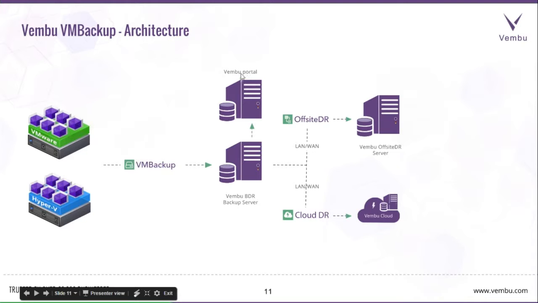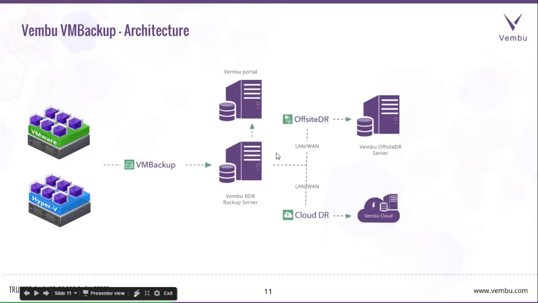And finally, we have something called the Vembu portal. It's nothing but the web interface. Once you register with the Vembu portal, from here you will be managing all the licenses, the assigning of the licenses, and the billings. Everything will be done through the Vembu portal. It's a web portal where you will be assigning all the licenses to the required client.